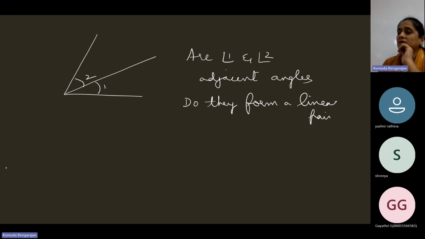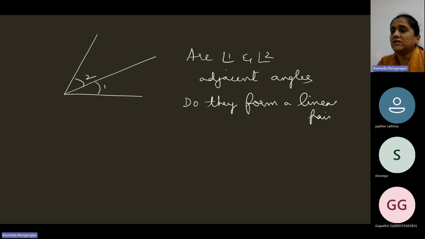Now, what are adjacent angles? Angle 1 and angle 2 are adjacent angles. And do they form a linear pair? No, ma'am. Who says yes here? Okay. So angle 1 and angle 2 are adjacent angles? Yes, they are adjacent angles.